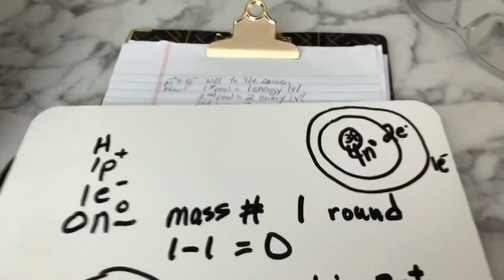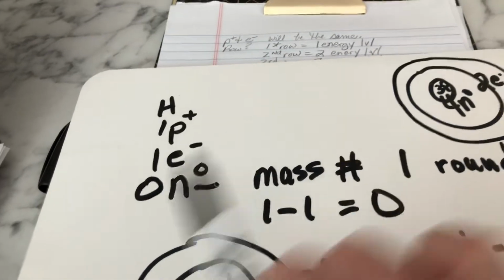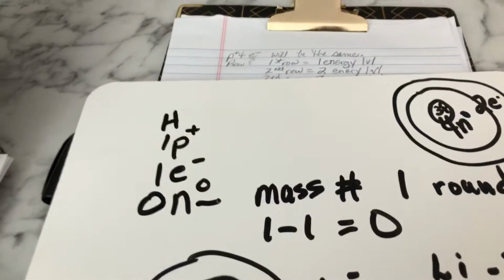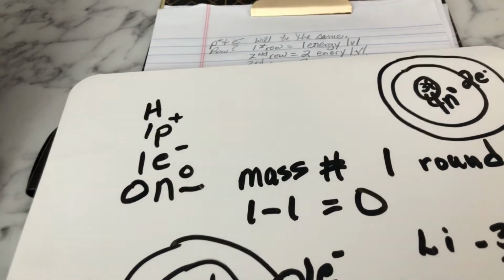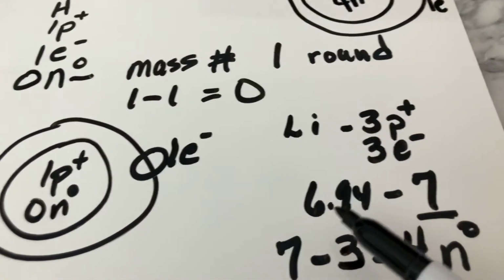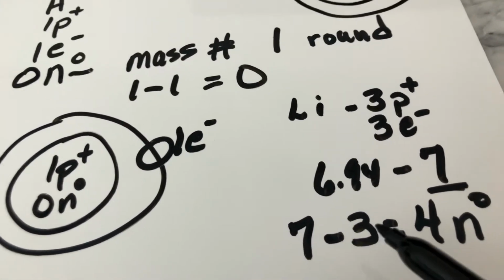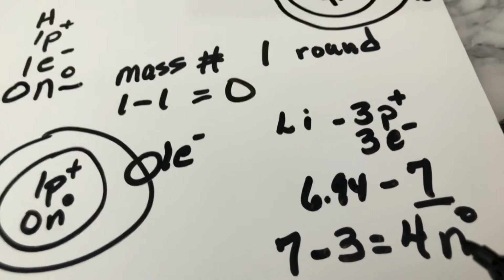So you've got to be able to get the mass number, which is the atomic mass, rounded, and then subtract the number of protons. Again, lithium is a great one: 6.94 makes it a 7, and 7 minus 3 gives you your 4 neutrons.